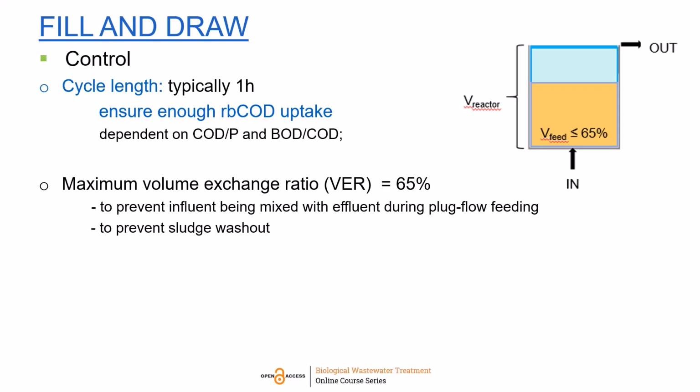There is also a limitation regarding the volume exchange ratio, or VER, which is the ratio between the volume of the fresh influent, which is fed in a cycle, over the reactor volume. The volume exchange ratio always needs to be lower than 65% to make sure that the influent wastewater is not mixed with the clean effluent and to prevent sludge washout.